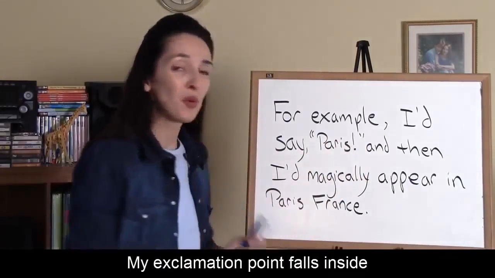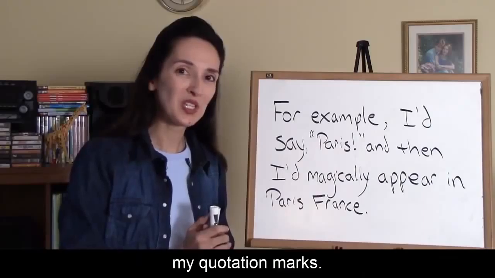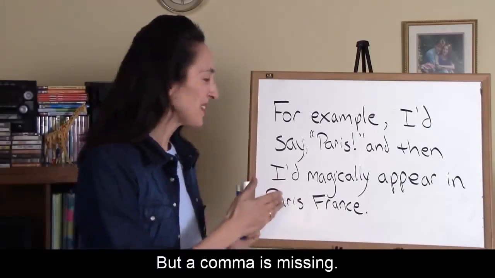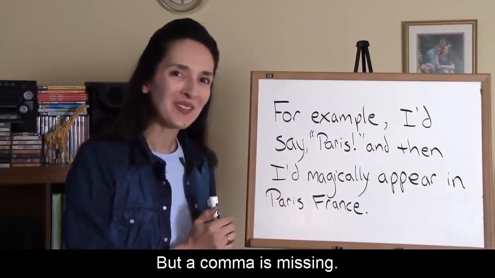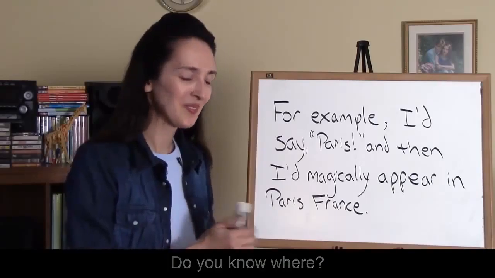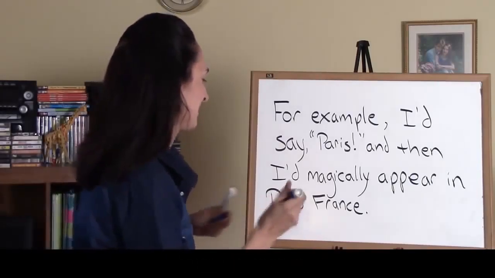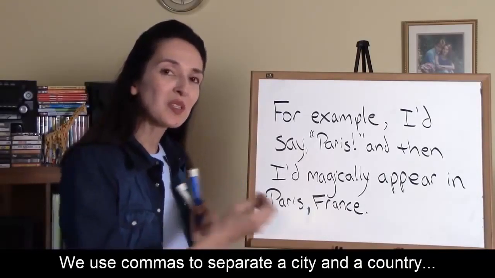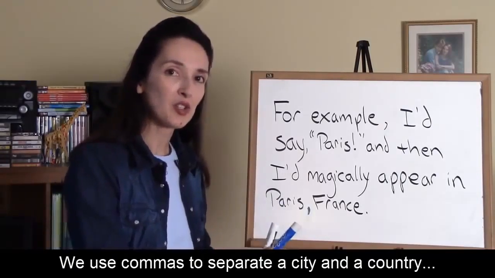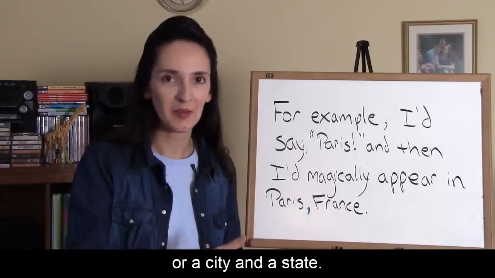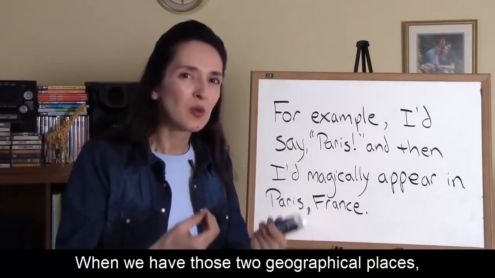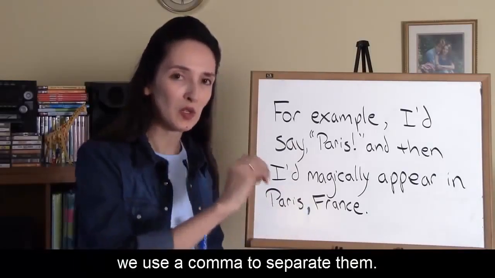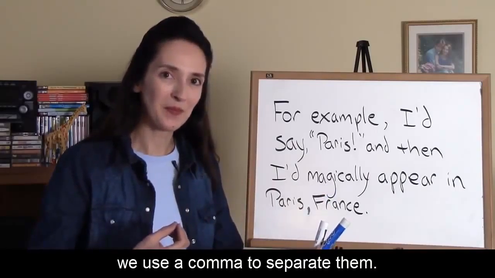My exclamation point falls inside my quotation marks. But a comma is missing. Do you know where? Right there. We use commas to separate a city and a country, or a city and a state. When we have those two geographical places, we use a comma to separate them.